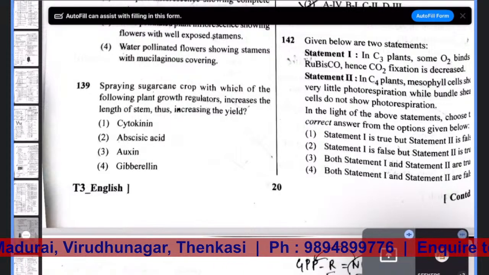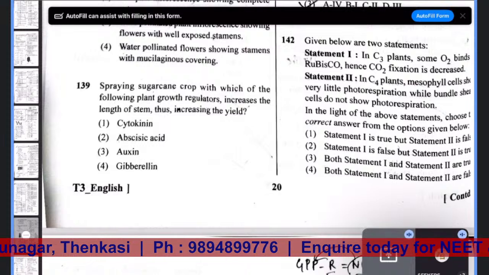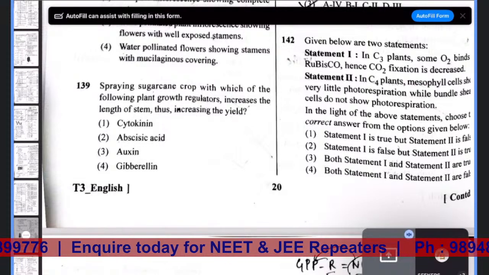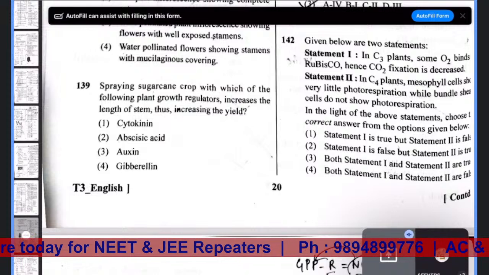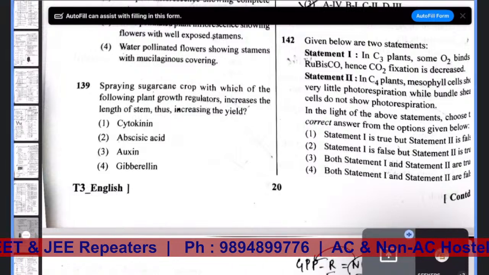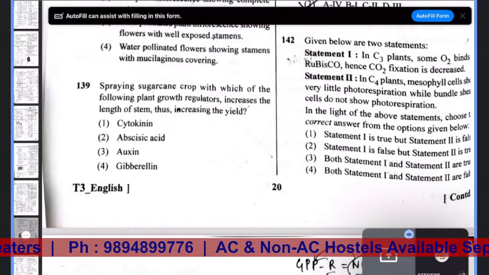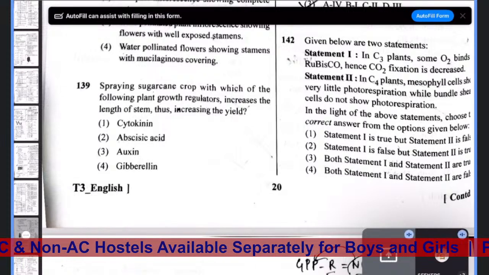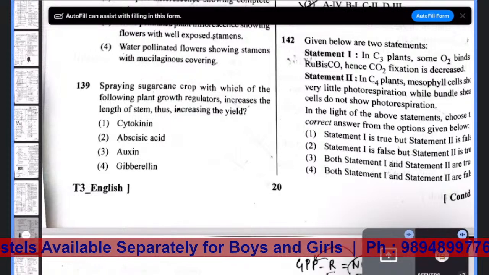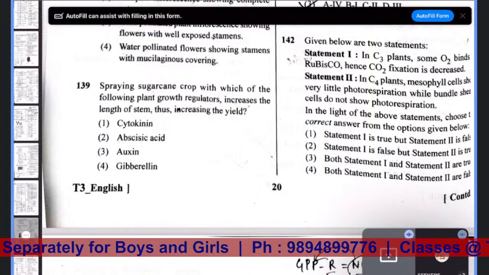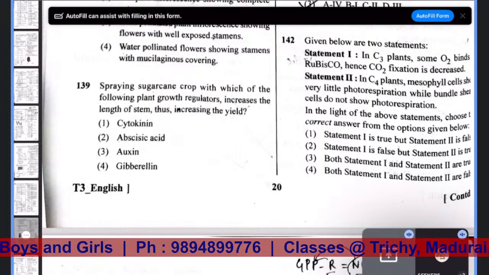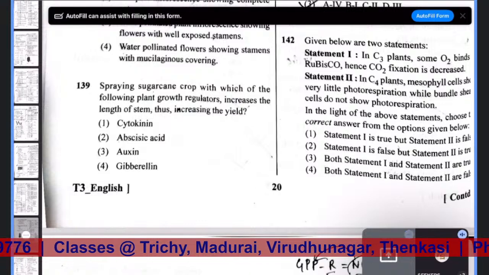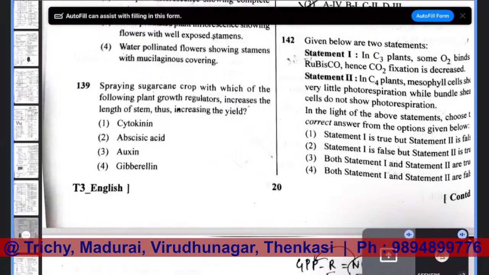Statement 2, in C4 plants, mesophyll cells show very little photorespiration, while bundle sheath do not show photorespiration. Actually, mesophyll cells and bundle sheath cells together are involved in a process, so you cannot differentiate. One type of cell cannot be involved in photorespiration while the other is not. Hence, statement 2 is false. So question number 142, statement 1 is true, statement 2 is false. Option 1 is the right answer.